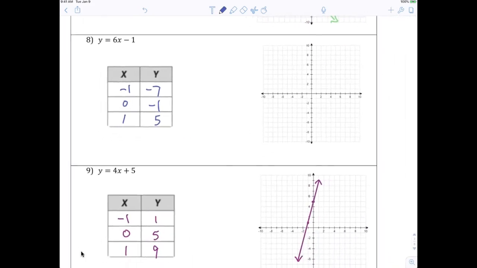Let's see if we can do a good job plotting the points. Negative 1, negative 7. 0, negative 1. 1, 5. Now let's draw the line. Anybody have any questions with that?